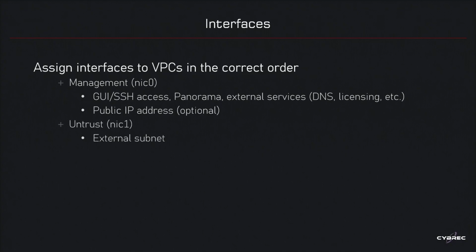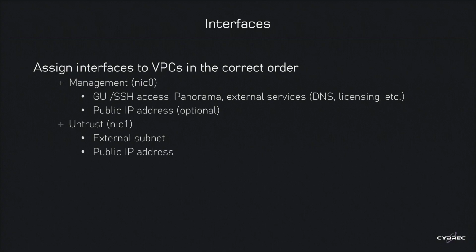Okay, the untrust interface, NIC 1 on the cloud side, which goes to, I believe, Ethernet 1/1 on the firewall side. This is what represents our external subnet.